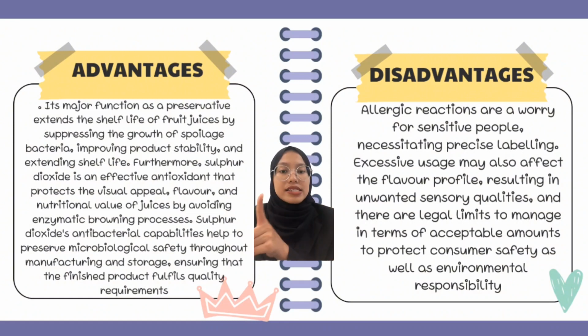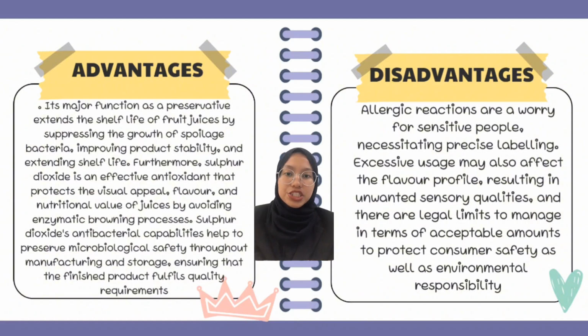Okay, let's see what the advantages of sulfur dioxide in manufacturing juice are. Its major function is as a preservative, extending the shelf life of fruit juice by suppressing the growth of spoilage bacteria. It also improves product stability.